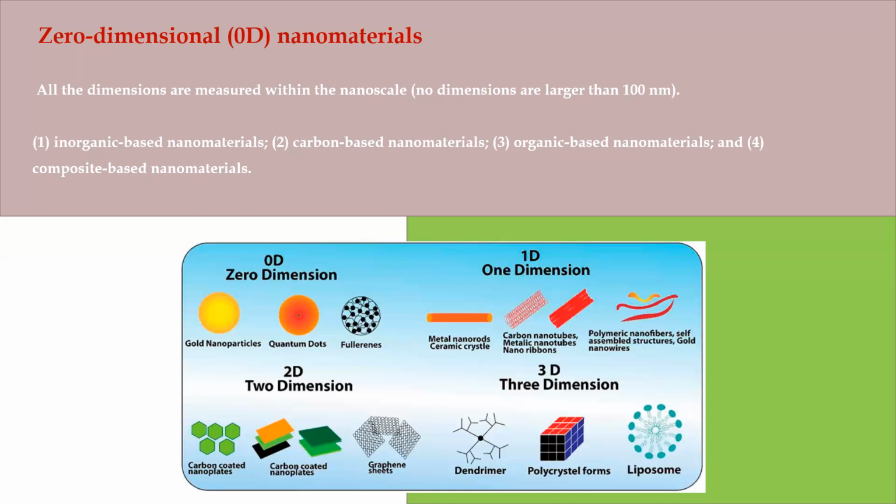Now, based on this, zero-dimensional nanomaterials are classified into four types: inorganic-based nanomaterial, carbon-based nanomaterial, organic nanomaterial, and composite nanomaterial.